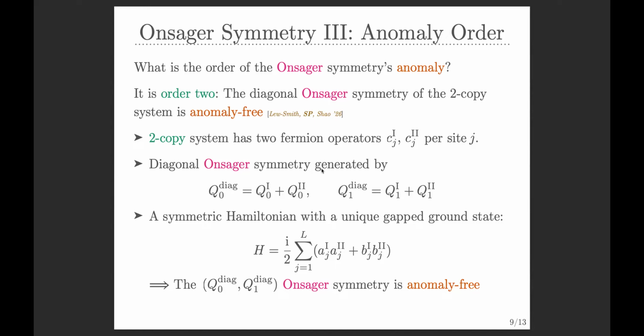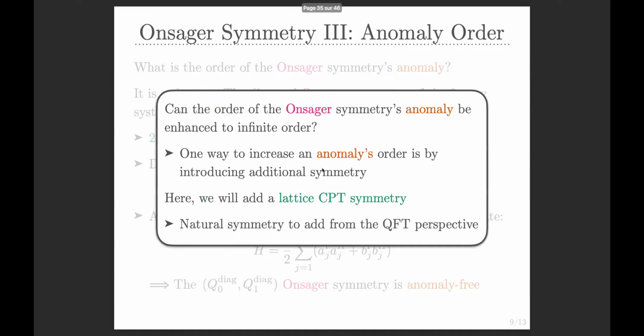So what it means is that this diagonal Onsager symmetry is anomaly free, and therefore the original Onsager symmetry has order 2. But then we ask, well, we really want to see an infinite order anomaly. That's kind of a bummer. Can we do something to the Onsager symmetry such that the symmetry's anomaly is enhanced to an infinite order anomaly?